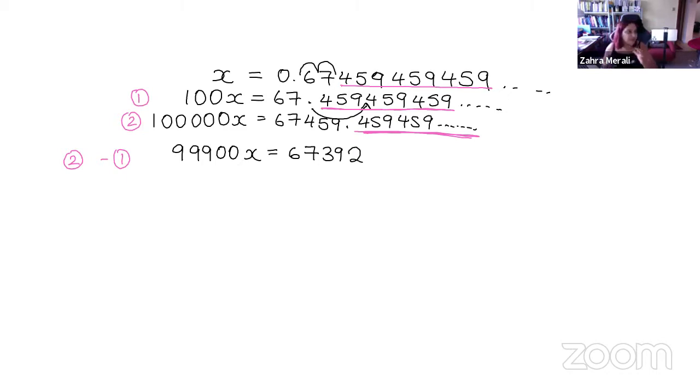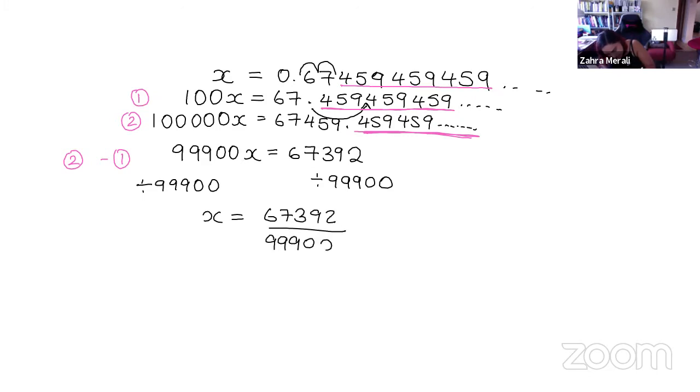And remember, if you got something this long, it'd be a calculator paper. This is just a bit of an extension. Divide both sides by 99900, giving you x equals 67392 over 99900. And your calculator, if you stick that in, will simplify that for you and give you 624 over 925.